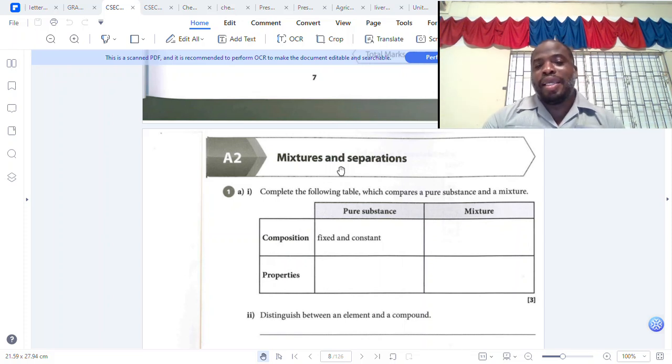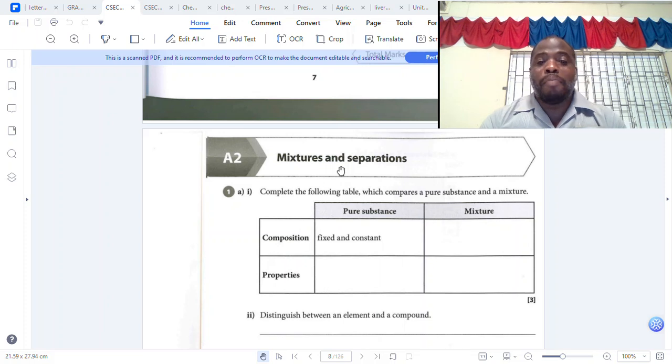No, one of us would not have a pure substance, and we know pure water boils at 100 degrees. So the composition of a pure substance is fixed and constant.